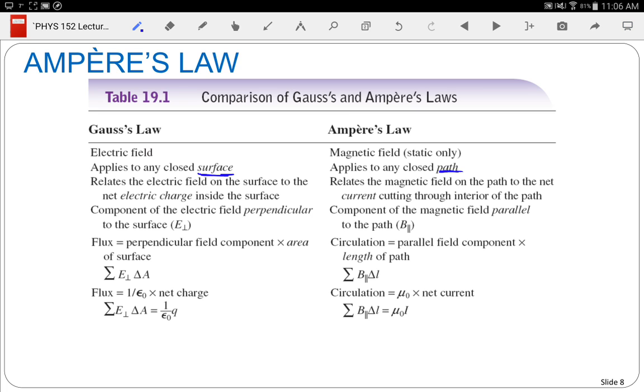Two-dimensional surface for Gauss's law, a one-dimensional closed path for Ampere's law. And both of them relate the strength of the field, essentially, to how much is inside. One is how much charge for electric field, the other is how much current for magnetic field. And then, of course, you just have the mechanics of how you calculate it.